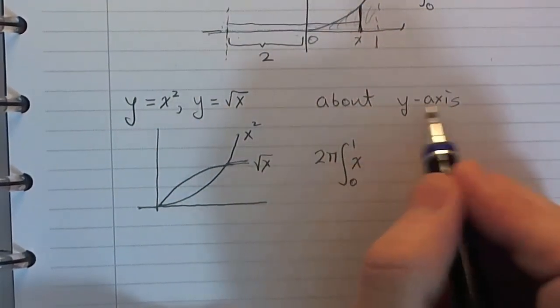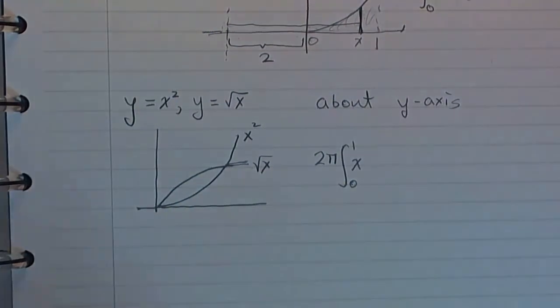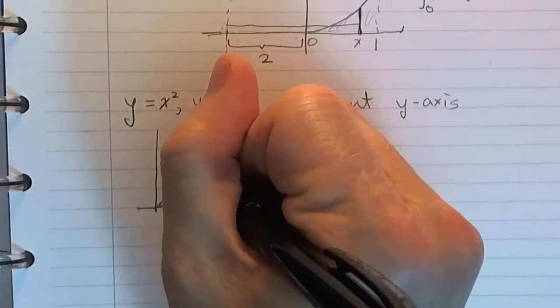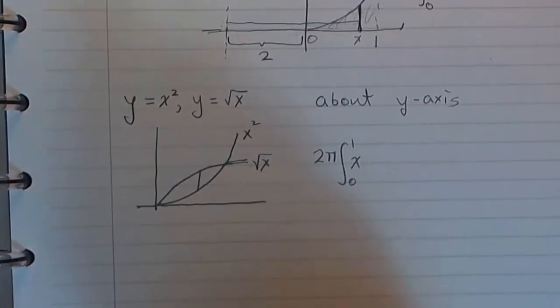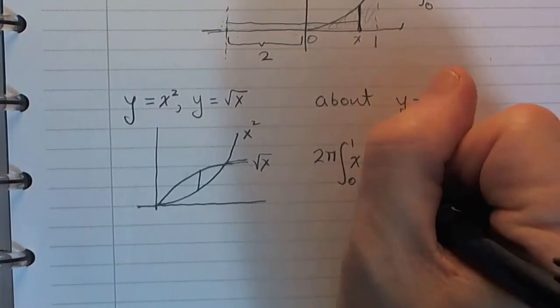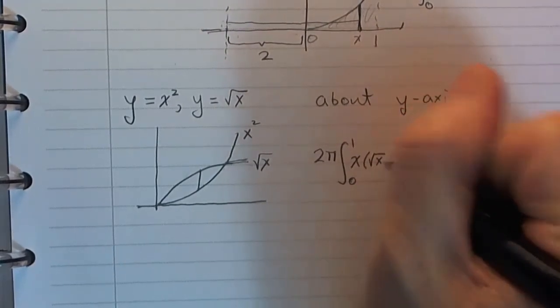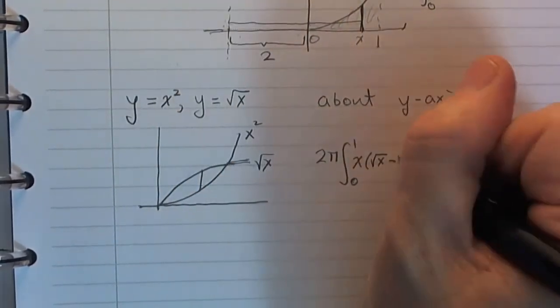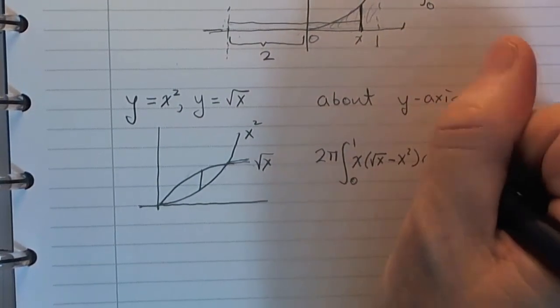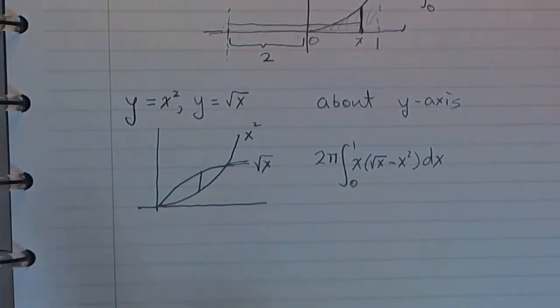We're revolving around the y-axis, so the radius is x. But what about the height? Well, the height is this right here, and that's going to be the top function minus the bottom function. That's the height.